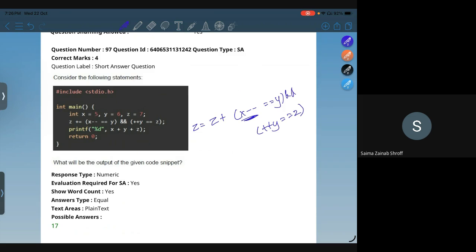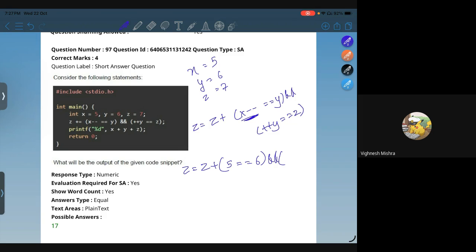In this case, x will be passed on. Okay, let me write x, y, z. X is 5, y is 6, and z is 7. So this will be z equal to z plus: here your 5 will be passed on, double equal to 6, and then ++y.